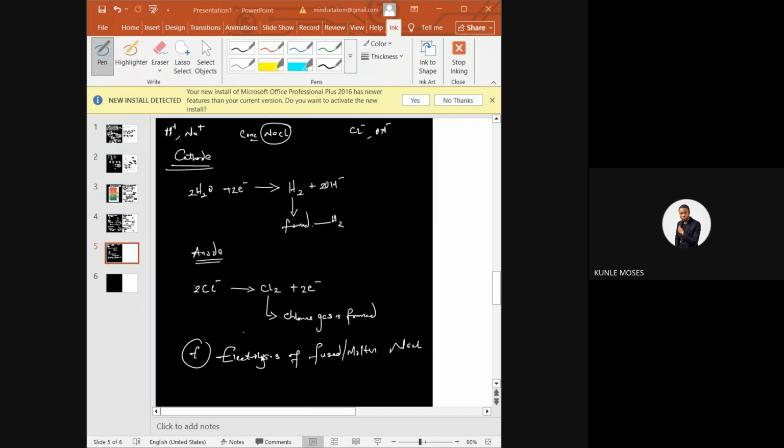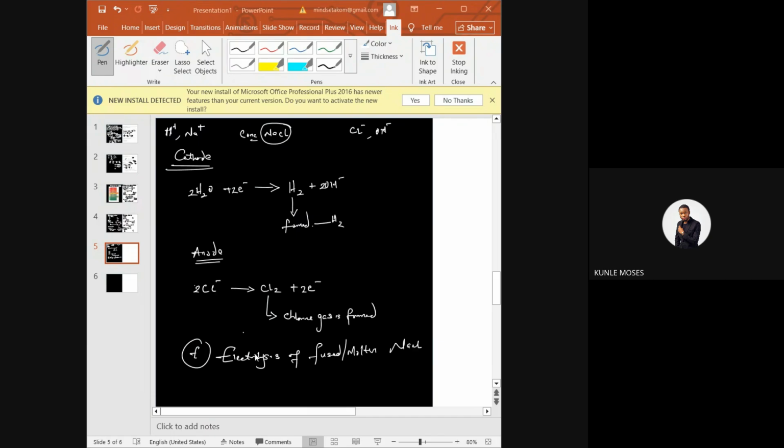They can ask for copper sulfate using inert electrode or copper electrode. For sulfuric acid, straightforward, that one is dilute. If it is dilute, hydrogen gas and oxygen gas. If it is dilute sodium chloride, hydrogen gas and oxygen gas is formed. If it is copper electrodes that they use for copper sulfate, it is copper.